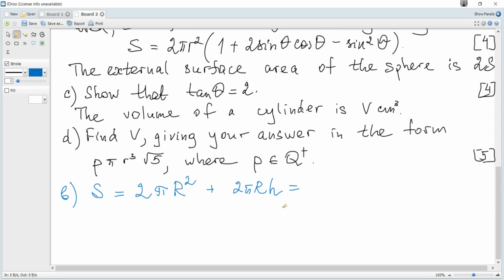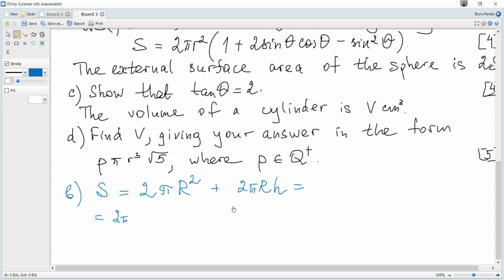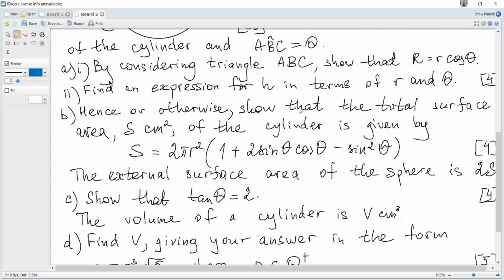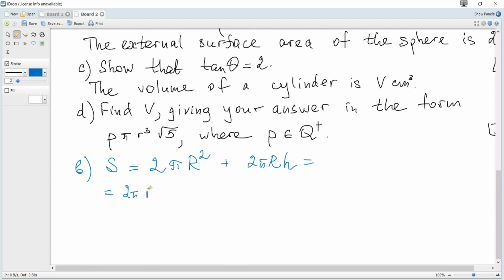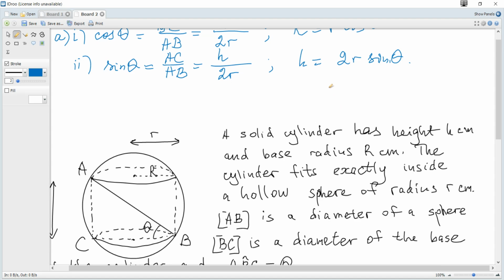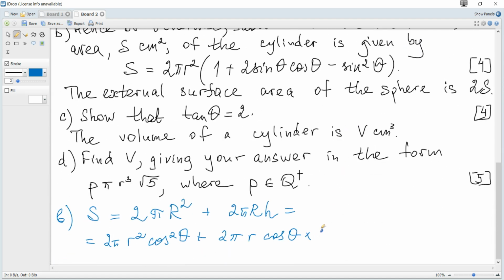So it becomes 2 pi times r squared cosine squared theta, plus 2 pi r cosine of theta multiplied by 2r sine of theta.